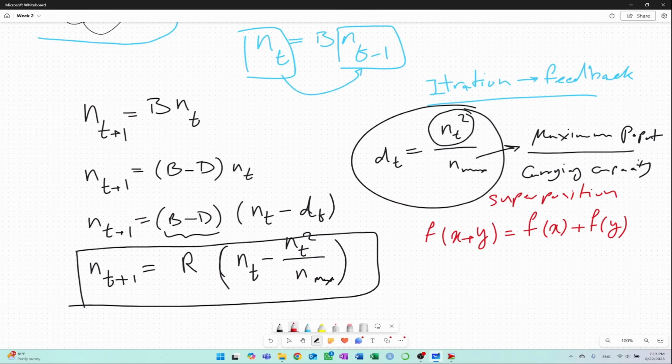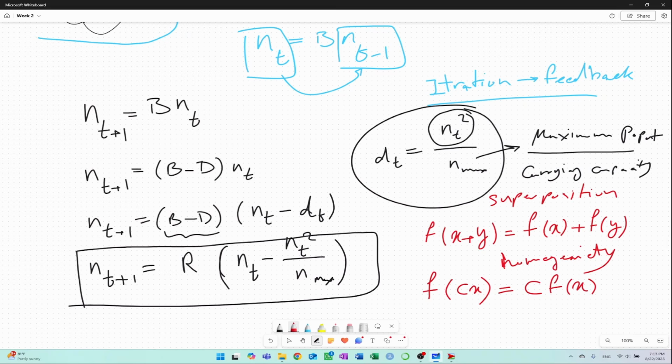And then we have an attribute of homogeneity, which is f of c times x is equal to c times f of x, and c being a constant. You can put a number 2, for example, 3, 4, whatever number you want. And this is a function of c times x variable. Based on the homogeneity principle, this is equal to c times function of that x variable.